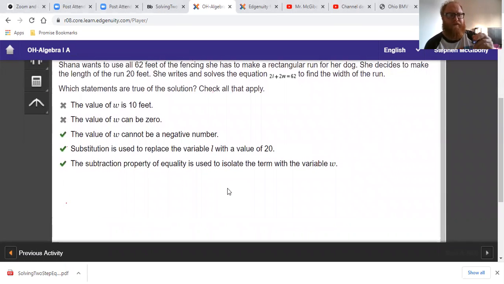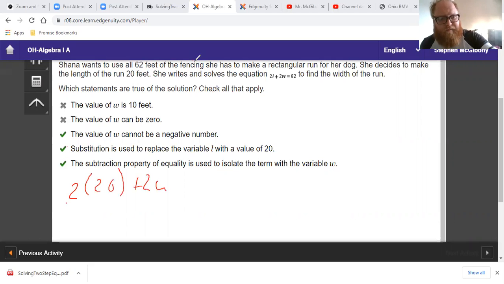All right, Shana wants to use all 62 feet of fencing. The length of the run is 20 feet. So we're going to substitute that for L, the length of the run. Length is 20. So we want to replace the L in the equation with 20. Let's go ahead and solve this equation. 2 times 20 is 40.